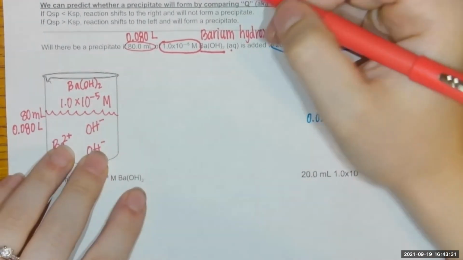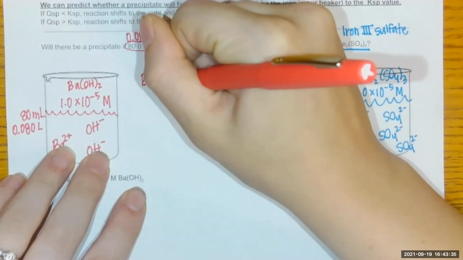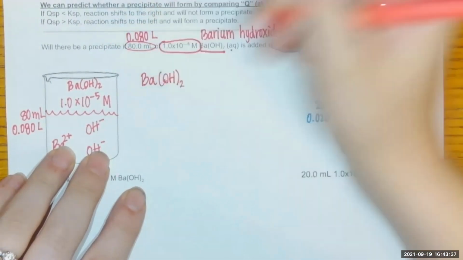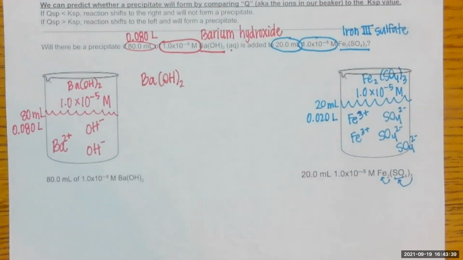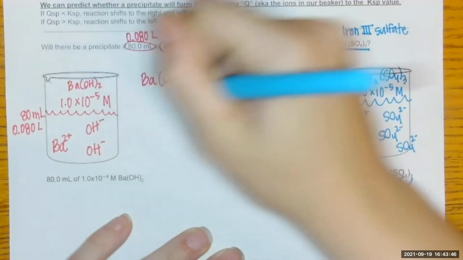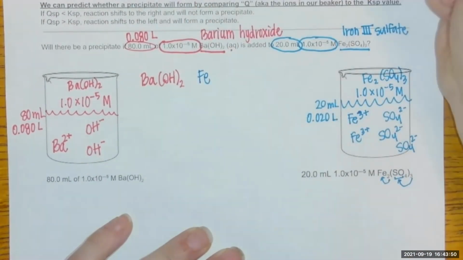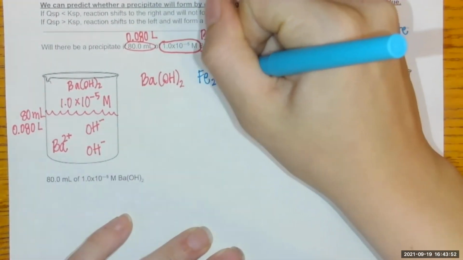So on the one hand, I've got the barium hydroxide. And that's going to be combining with the iron sulfate.